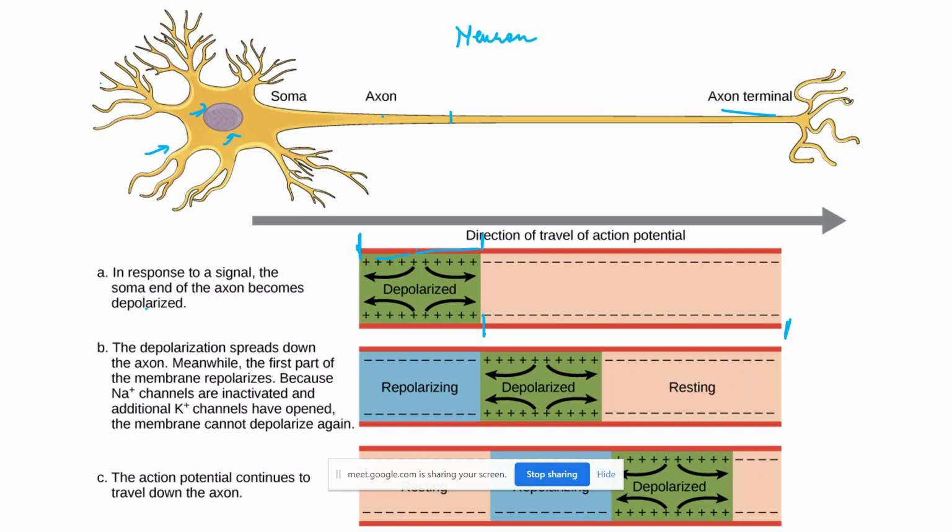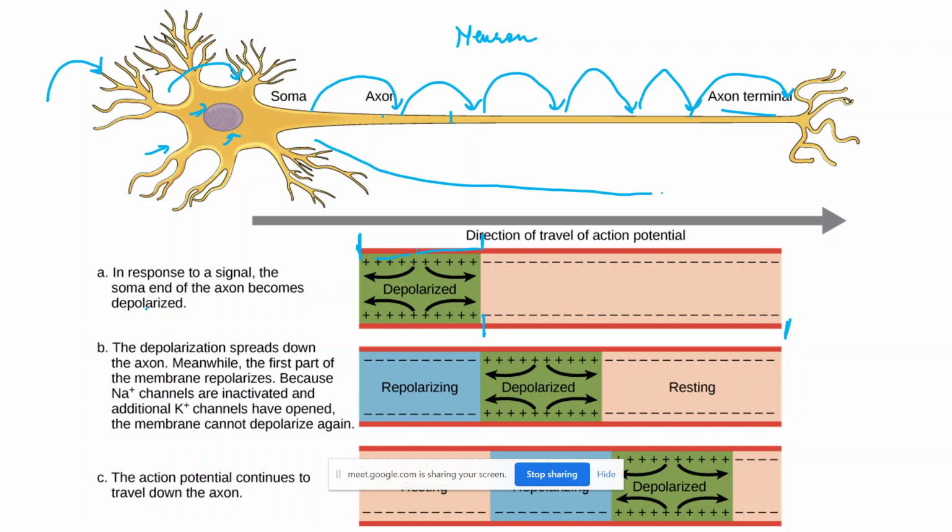The signal is received here, from here it reaches the soma. From here the signal has to travel to the axon terminal. It doesn't travel in just one step. It travels in these small jumps.